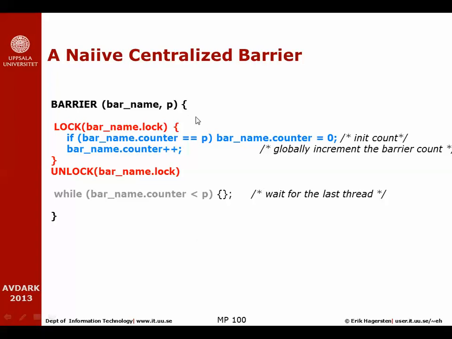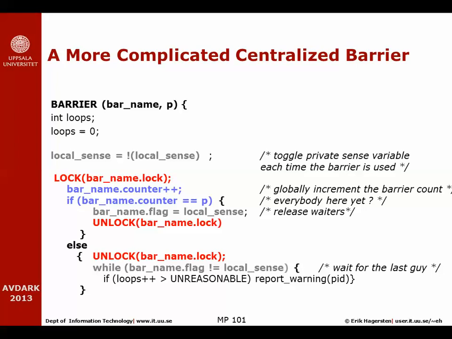That, of course, is not the property that we would like to get on these barriers. So what I'm showing here is a more realistic implementation of a barrier. Here you play a trick of having a local variable, a local sense variable, that's local to just this thread, and each thread will set its local sense and toggle it back and forth, just to make sure that it's not going to get out of sync with the rest of the threads when you have this kind of reusing barrier.